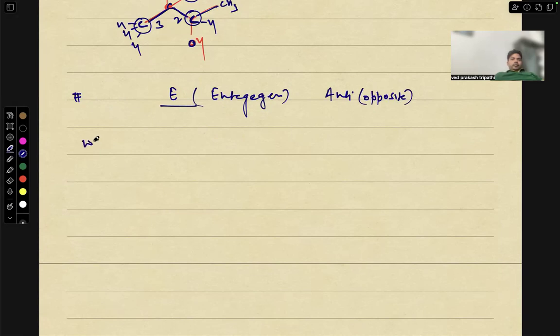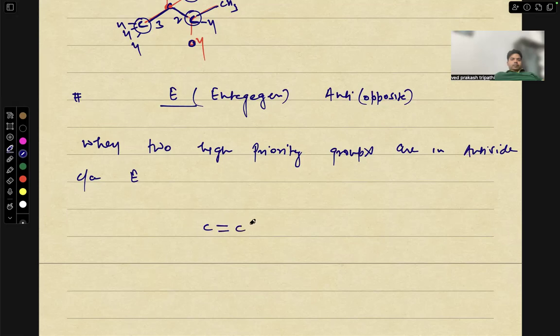So we can say when two high priority groups are on the anti side, it is called E. For example, if you compare the priority between bromine and hydrogen, bromine would be the highest, and between nitrogen and carbon, nitrogen has high priority. So both high are on the anti side, so this one is E.